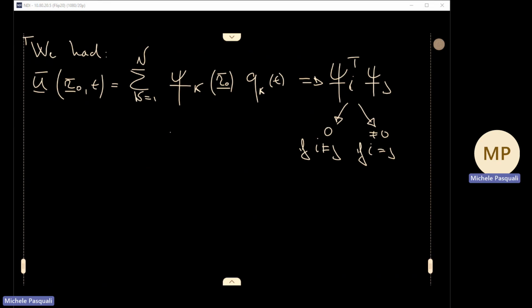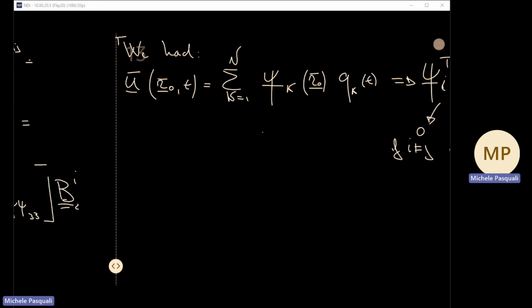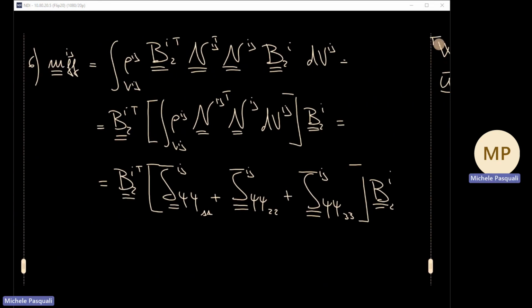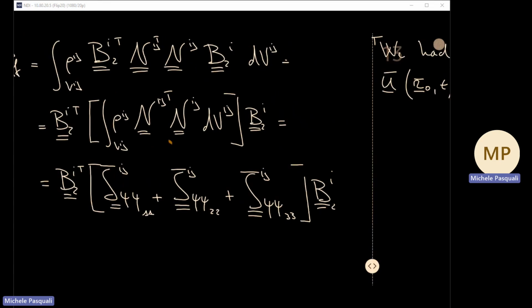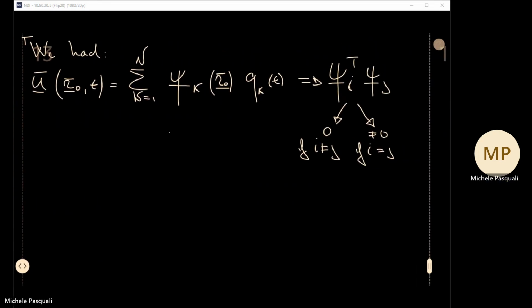That the integral of the two is either 0 or not. It must be 0 if they are independent. Okay, that's why here we only have quantities which are referred, you see here, with the same indices.